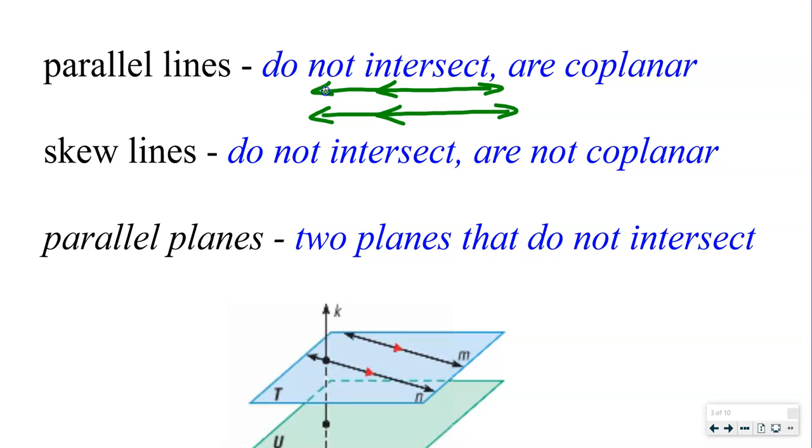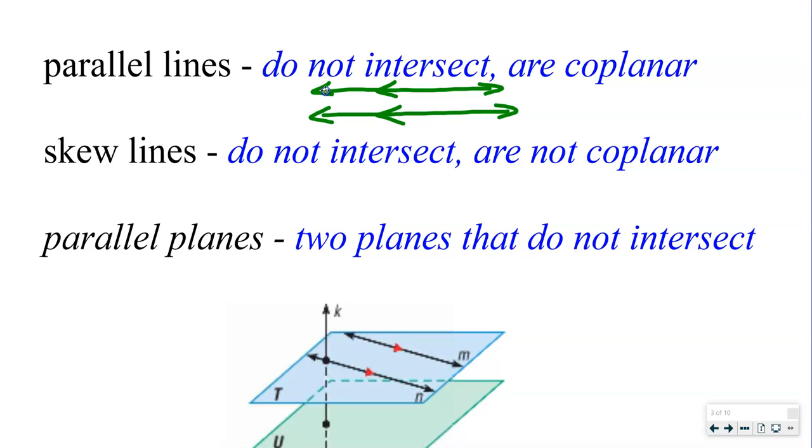Now skew lines, can't really draw skew lines very well, but they do not intersect and are not coplanar. But they're not parallel. They don't intersect, but they're not parallel. Think of a real world situation.